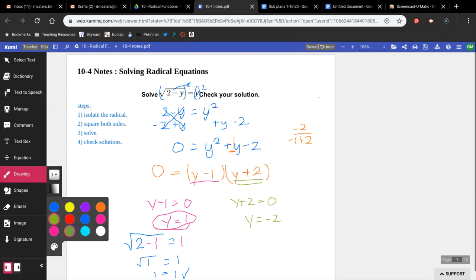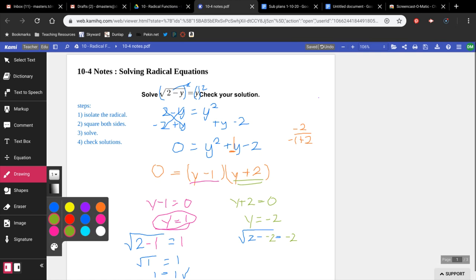Let's see if we get the same results when we plug in -2. So I've got 2 minus, and I'm going to plug in a -2 there. I'm already starting to think that this is kind of suspicious because I've got a negative over here outside of a radical. But let's see what happens. So I've got the square root of negative and a negative.